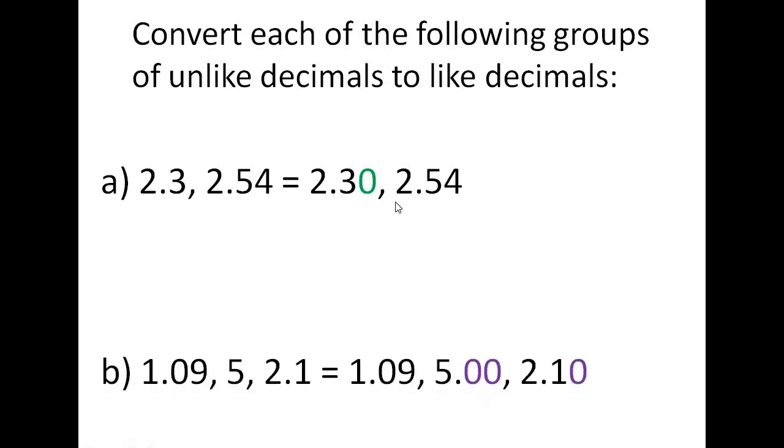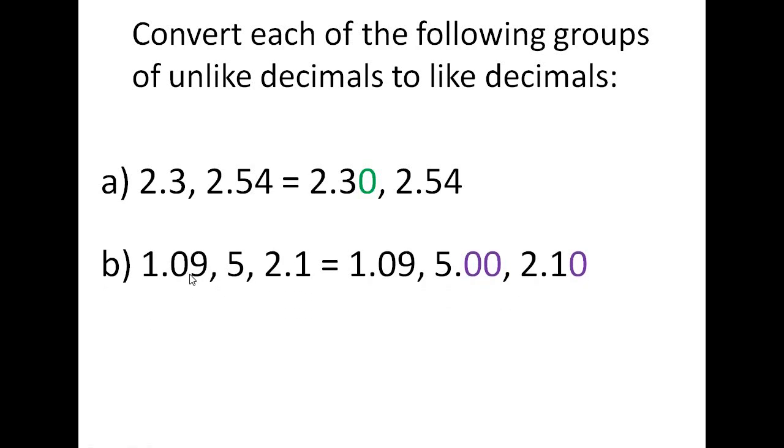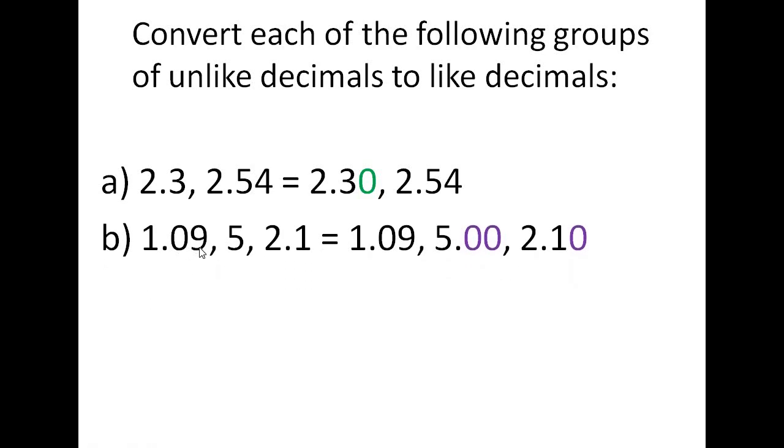Same way, children. Here we are having 2 decimal places. 5 is a whole number, so there are no decimal places. Here we are having only 1 decimal place. So just add zeros, because the maximum number is 2, that is, we must get the 100th place.